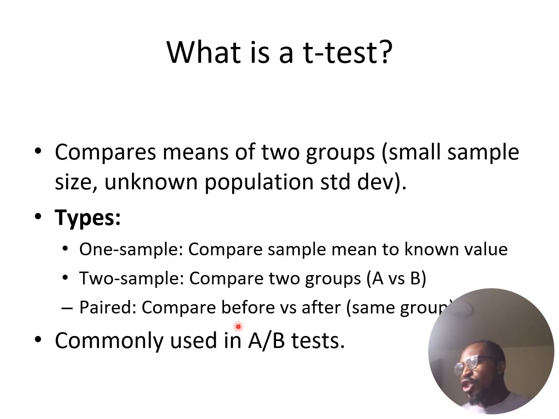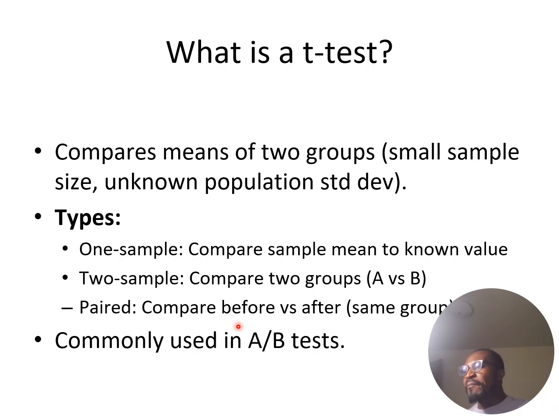But if we are sure that there's some relationship between these models, then in that case we use a paired test. For example, say we have a data set which is imbalanced. We are going to see what imbalanced class problems are. We balance that data to make sure the classes are the same, and then we train two models, one with the unbalanced data and the other with the balanced data.